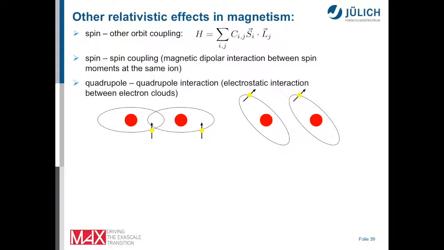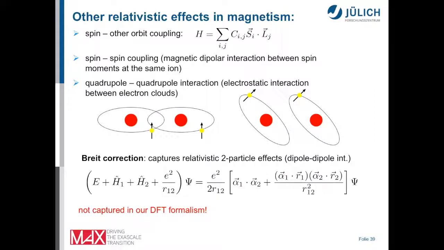Okay, let me finally just mention a few effects which also give rise to anisotropies, and which we are actually not considering. You can imagine that a spin also interacts with the orbital momentum of another electron. This is the spin-other-orbit coupling. You have spin-spin couplings, and you have quadrupole interactions between the electrons. All these effects are higher order.